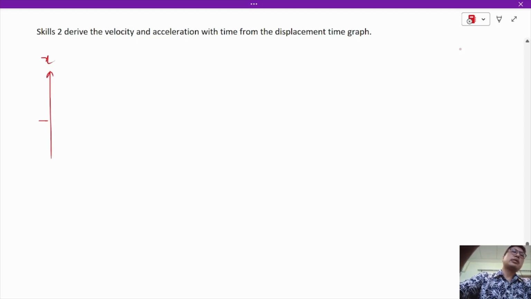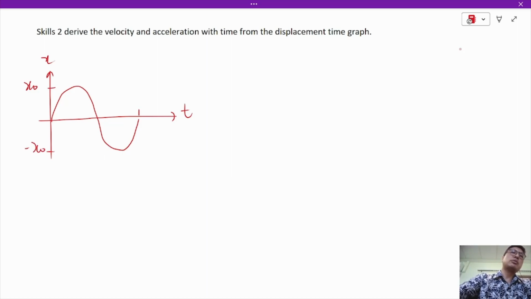Here is x and here is t. This is a sine graph, so we're going to put down x0, remember x0 means amplitude, minus x0, and T means period. We want to find out what the displacement is at any time t. So we have x equals x naught sine omega t. This is your displacement-time graph.